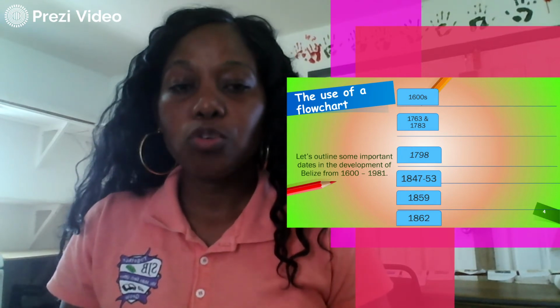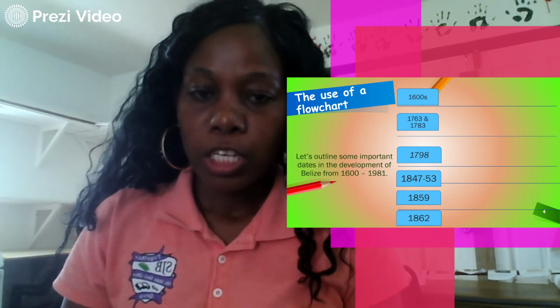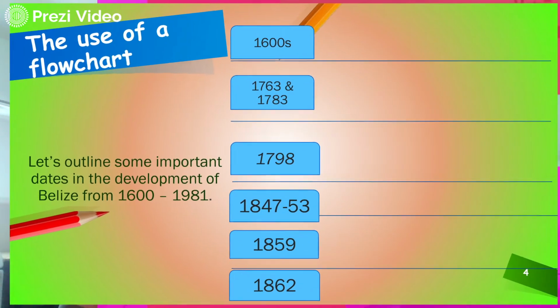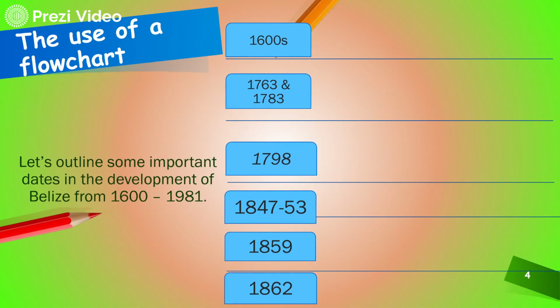Now we're going to use a flow chart just to outline the different dates that I have selected here to include in your timeline that you will be creating. So let's outline some important dates in the development of Belize from 1600 to 1981.